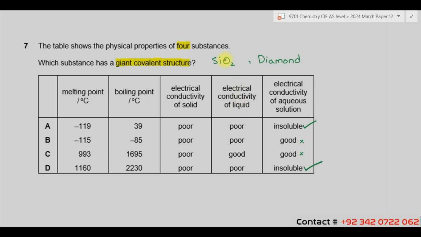Electrical conductivity of liquid, these two are bad conductors. Electrical conductivity of solid, still poor. Boiling point is very high because of giant covalent structures. Melting point is also very high because of giant covalent structures. So correct option is D.